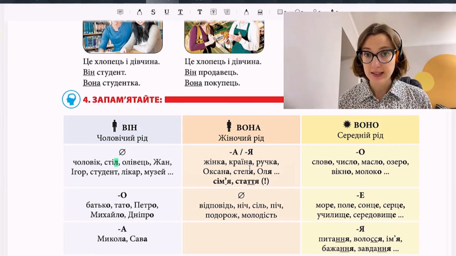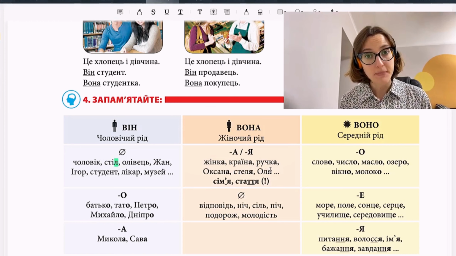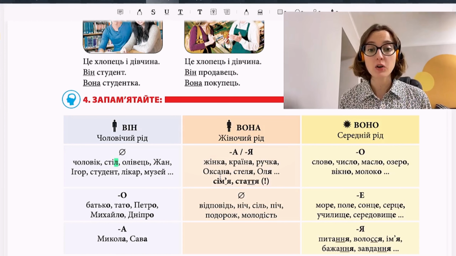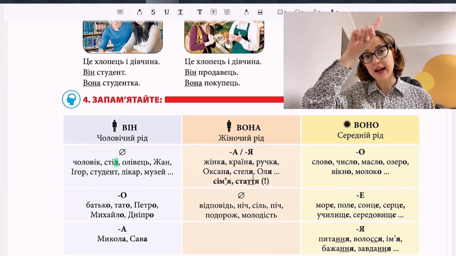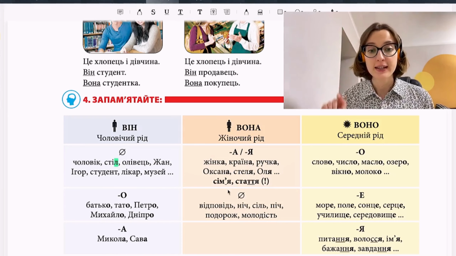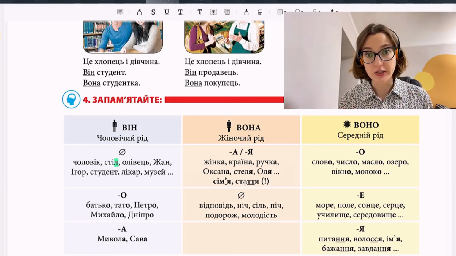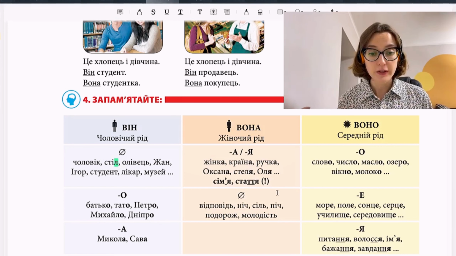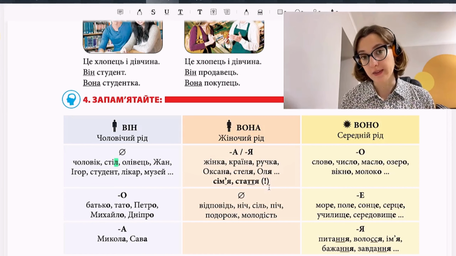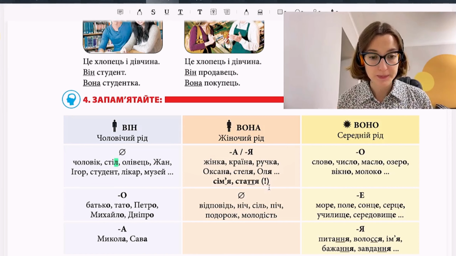Країна, a country, feminine. Ручка, a pen. Оксана, Оля, women's names, of course, they all are feminine. Стеля, a ceiling. Сім'я, family. Стаття, an article. All these words have а or я at the end, so they are feminine.